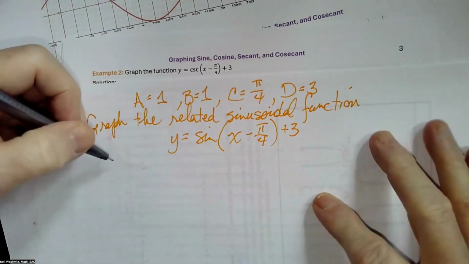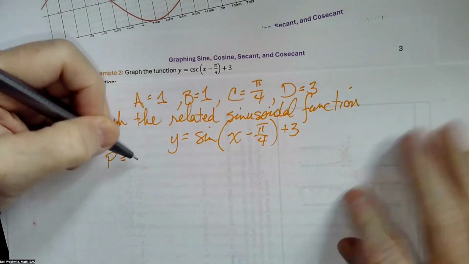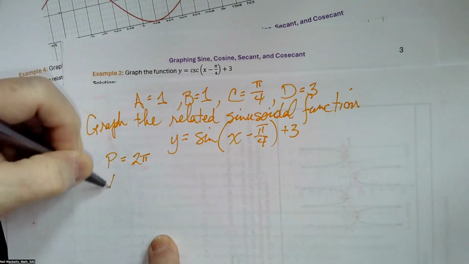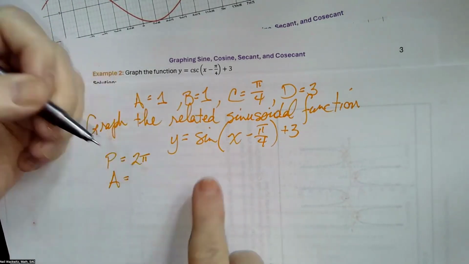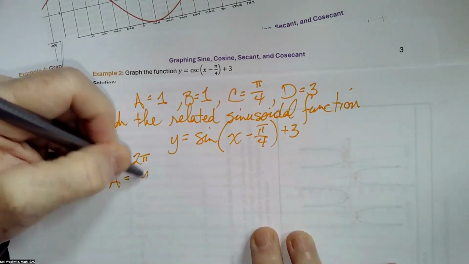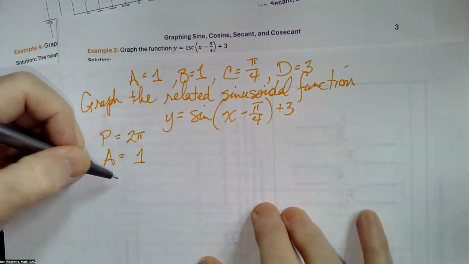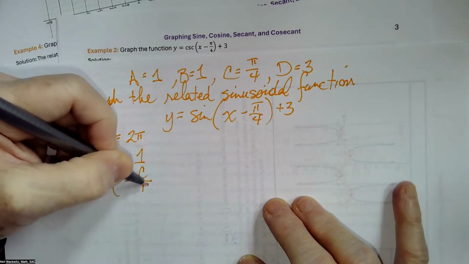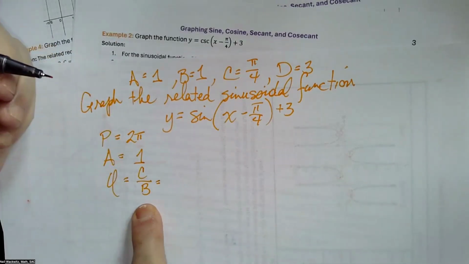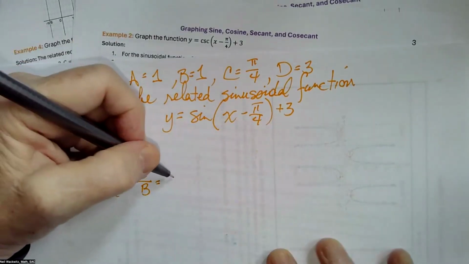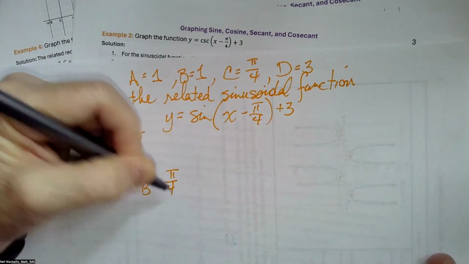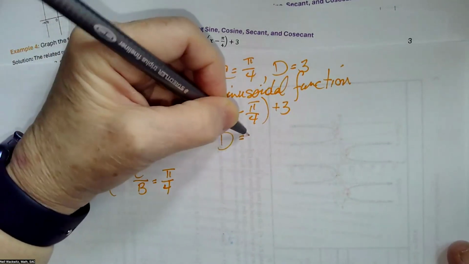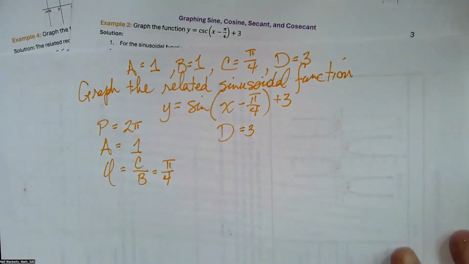Okay, so the period we know is just going to be 2 pi since b is 1. The amplitude of sine, since a is 1, we get 1. Now the phase shift is c over b, but b is 1, so it's just going to be pi over 4. The vertical shift is 3.